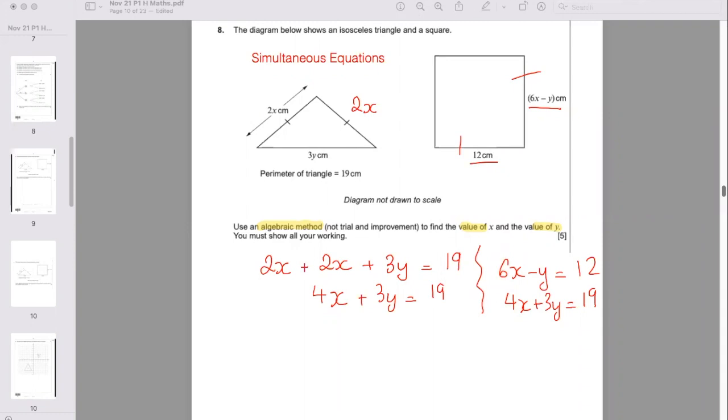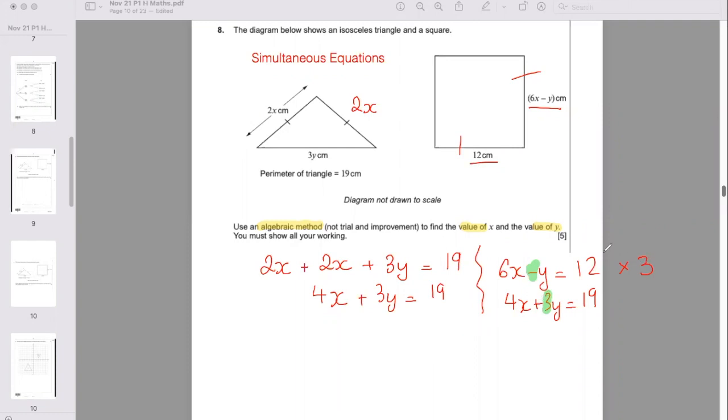But if I just look at the y coefficients, maybe that's a little bit easier. So that is -1, the other one is +3. We're going to times it by 3 to make it similar, which is -3. And then we're going to manipulate to get rid of the y.